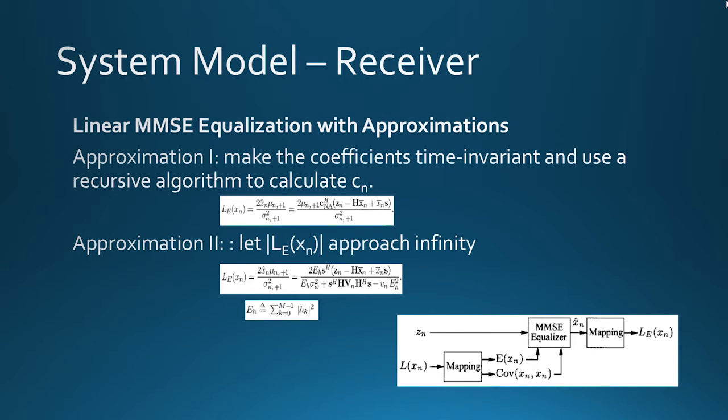Approximation 1: make the coefficients time invariant and use a recursive algorithm to calculate the coefficients. The second approximation is to let the posterior probability go to infinity. For this method, the computation requirements will only depend on the transmitter filter, not the receiver filter at all.